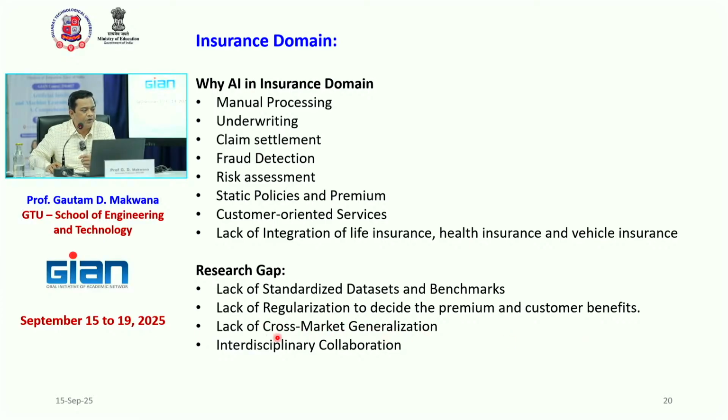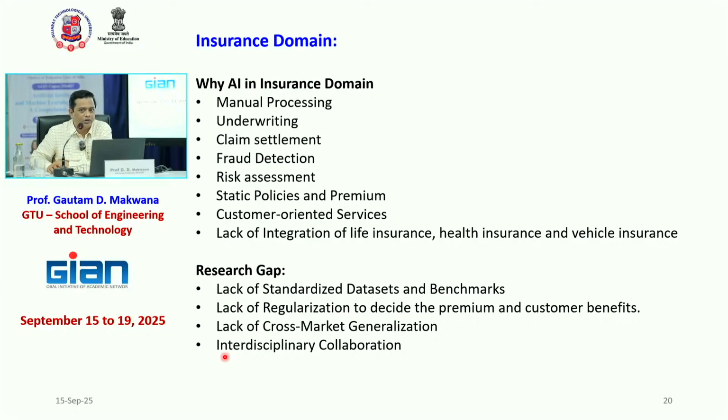Lack of cross-market generalization. The cross market is region-based. Even though there is a different market for life insurance and a different market for health insurance, there is a lack of cross-market generalization.